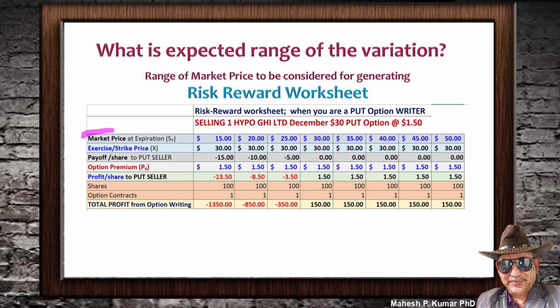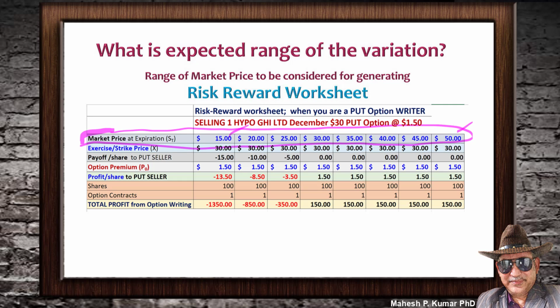In this case, we are using the price range from $15 to $50. We are assuming that on expiration, the market price of the share may be anywhere between $15 and $50 per share.